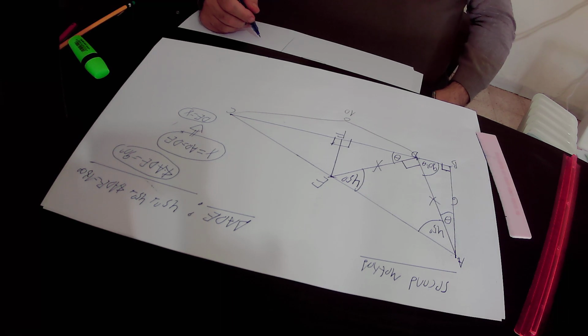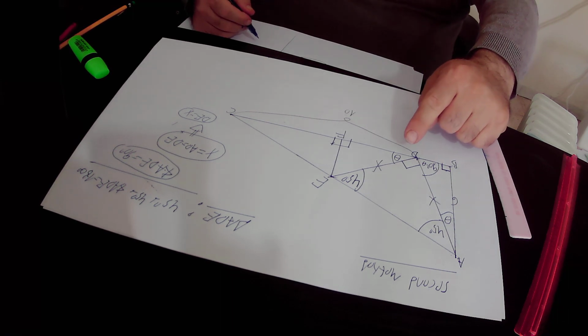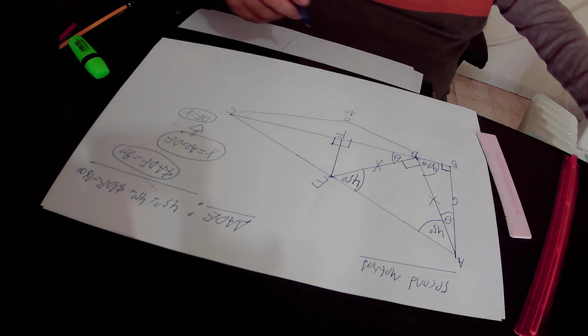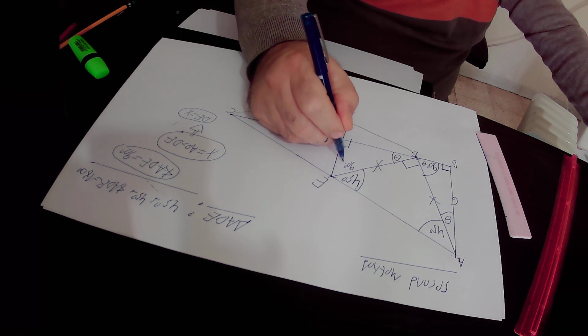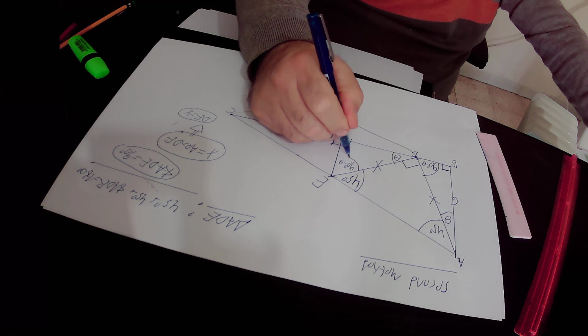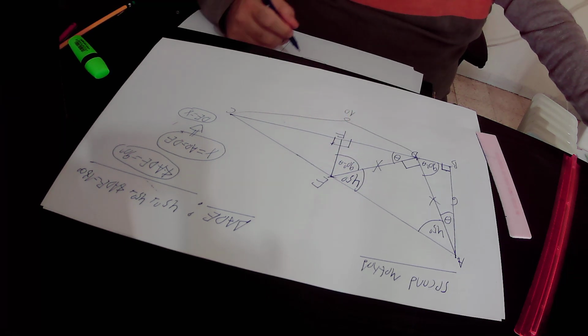And in the right triangle, if this angle is theta, then angle DEF must be equal to 90 degrees minus theta in order to complete the sum of the angles in this right triangle to 180 degrees.